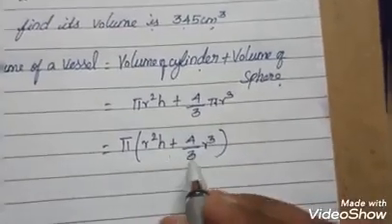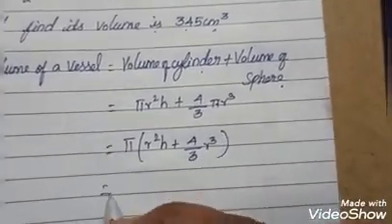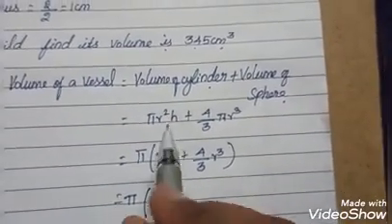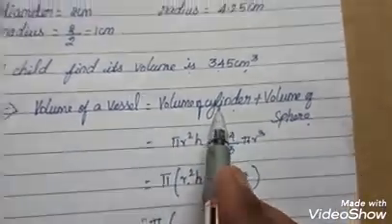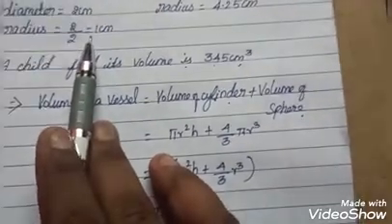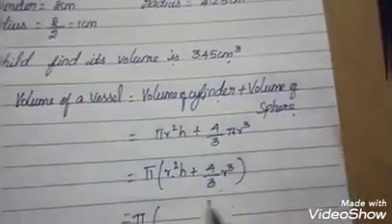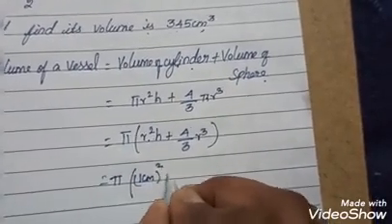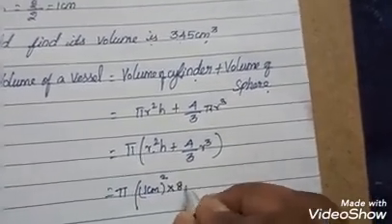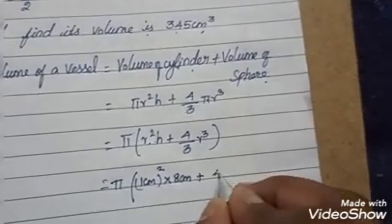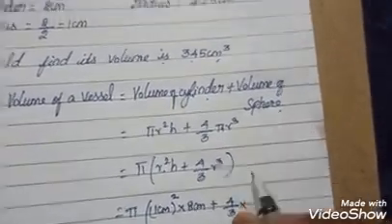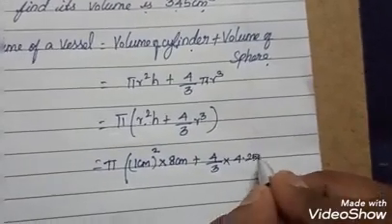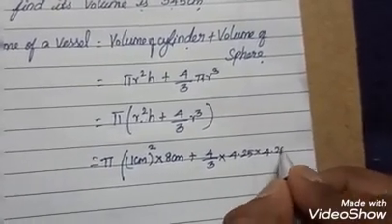Here you need to substitute the values as they are, keeping pi as it is. For the cylinder, the radius is 1 centimeter and height 8 centimeter. So 1 centimeter square into height 8 centimeter, plus 4 by 3 into the radius 4.25, that is 4.25 into 4.25.